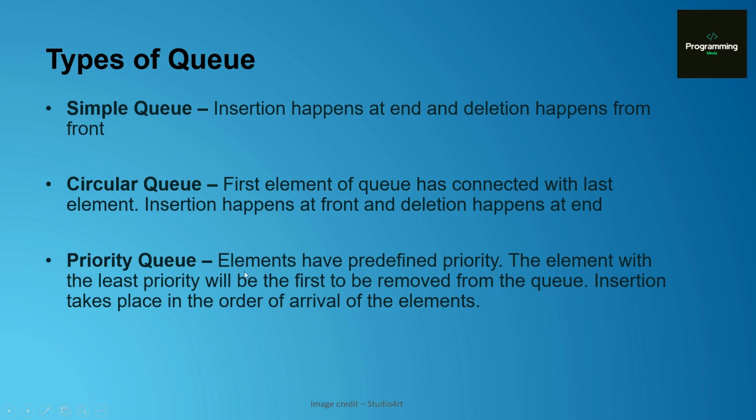Priority queue. Elements have predefined priority. The element with the least priority will be the first to be removed from the queue. Insertion takes place in the order of arrival of elements. So these are the three types of queue: simple queue, circular queue, and priority queue.